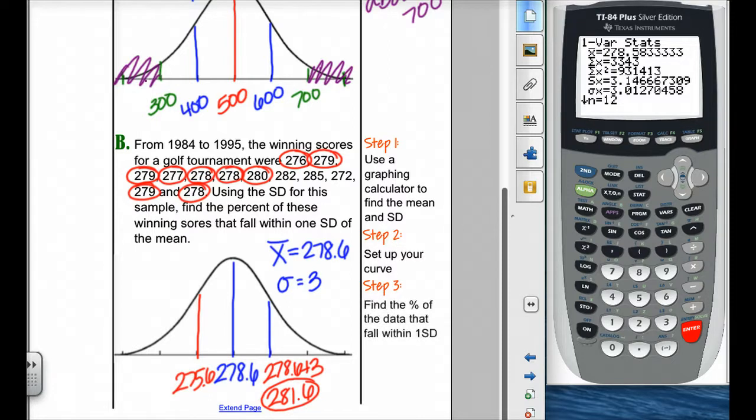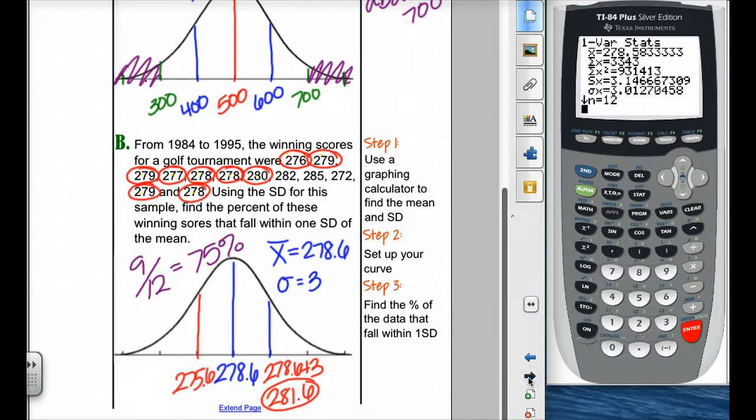And now we're going to find the percent that fall within 1 standard deviation. So we have here, as I count, 1, 2, 3, 4, 5, 6, 7, 8, 9 of them out of 12. So that is 75%, because that's 3/4. So this isn't a true normal distribution because of that fact that that's 75 and we need only 68.